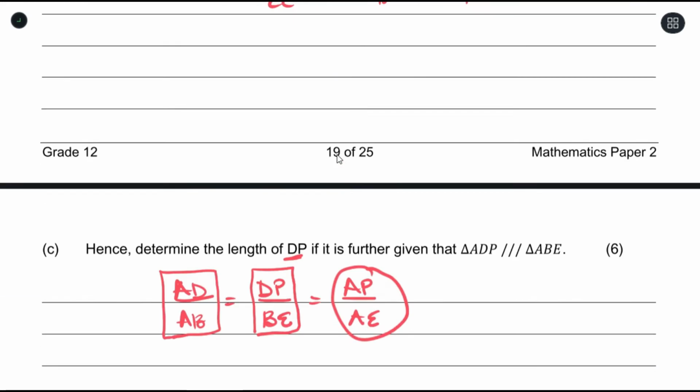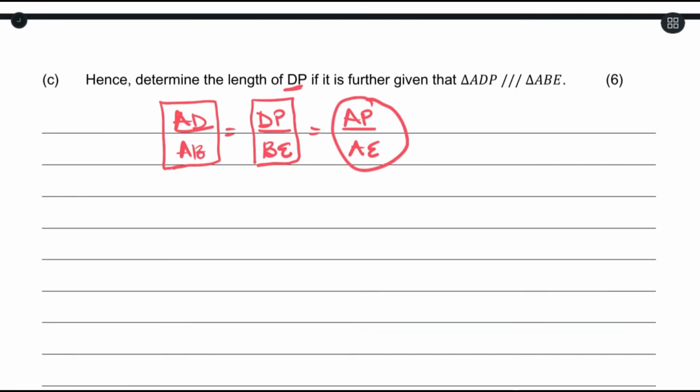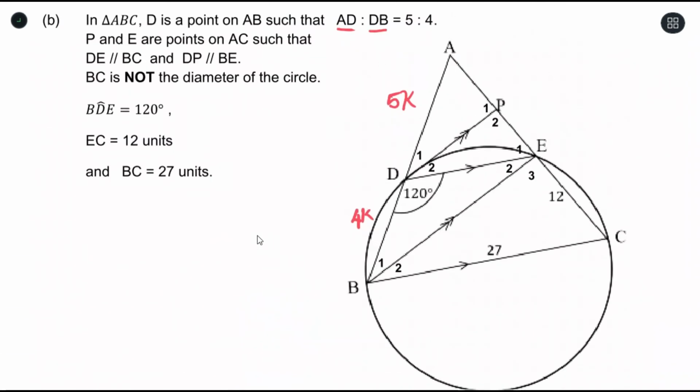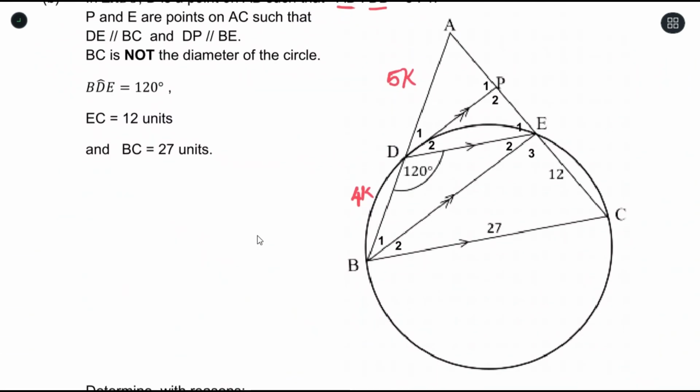So we do have this part to be 5/9 is equals to DP, which is what we are trying to find, over BE. Do we have BE? No, we don't. So we do not have BE. We are actually trying to figure out what this here is. So we need BE so that BE can also help us find DP.